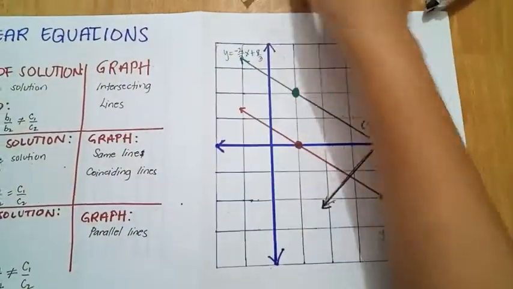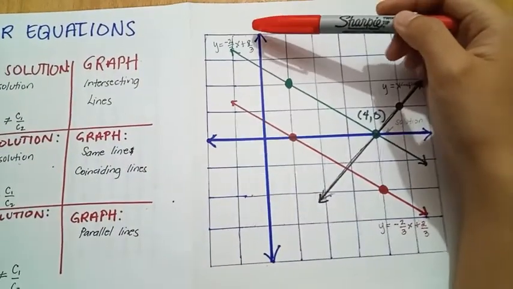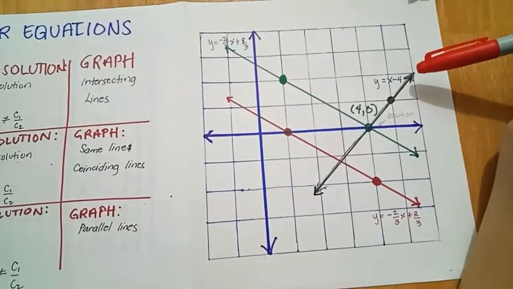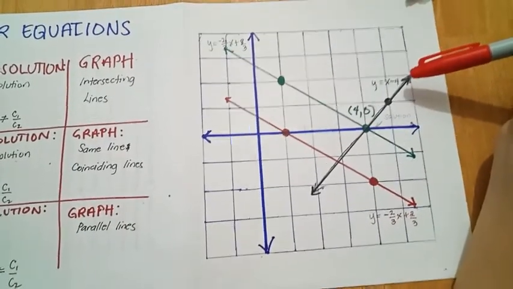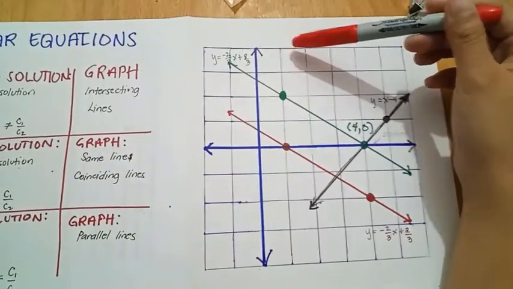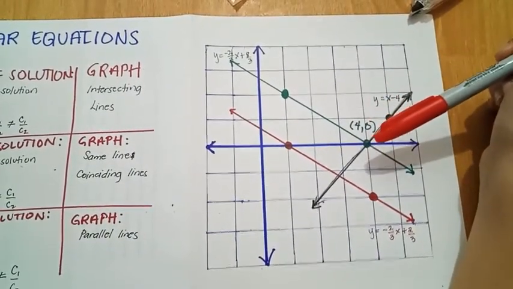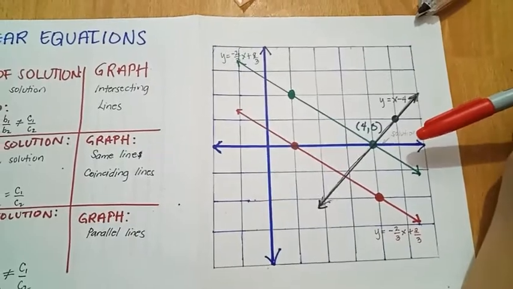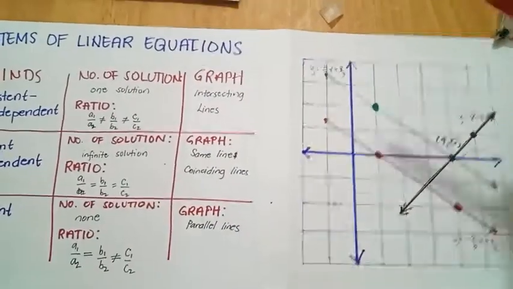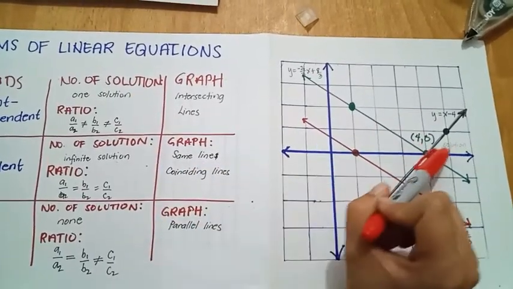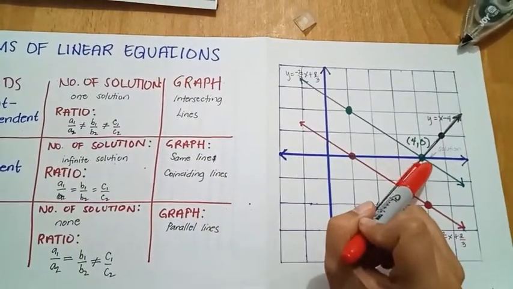Okay? For example, yung ating y equals negative 2/3 x plus 8/3 at yung y equals x minus 4. Okay? So, their graph is intersecting and the point of intersection is (4, 0), which is its solution. So, its number of solutions is only one solution kasi nag-intersect lang siya sa iisang point.